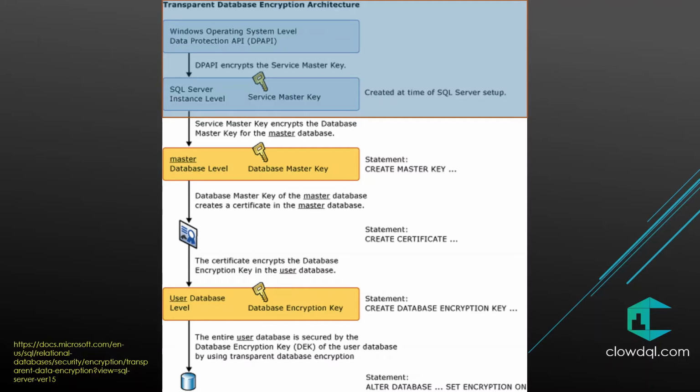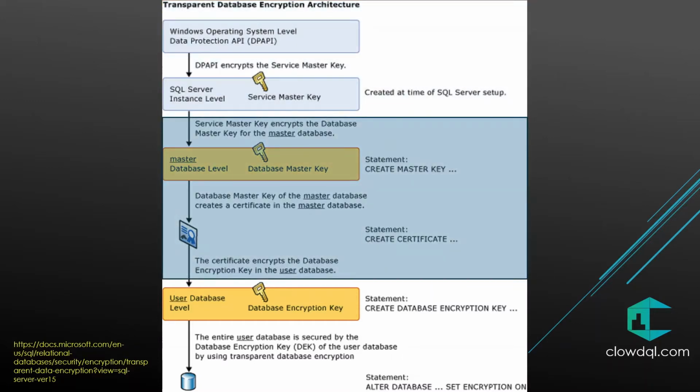The service master key is automatically created when SQL Server is first set up, so we don't have to worry about it. This service master key is used to encrypt the master key of the master database, and creating a master key in the master database is the first step to implementing transparent data encryption.